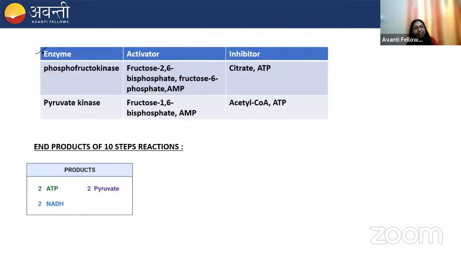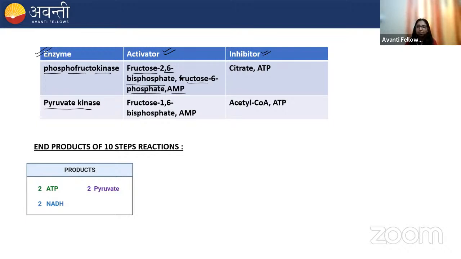The next slide shows the table. We have mentioned some enzymes of the glycolytic pathway, like phosphofructokinase and pyruvate kinase, and their activators and inhibitors. For phosphofructokinase, the activators are fructose 2,6-bisphosphate, fructose 6-phosphate, and AMP. Activators are those which increase the enzyme activity.